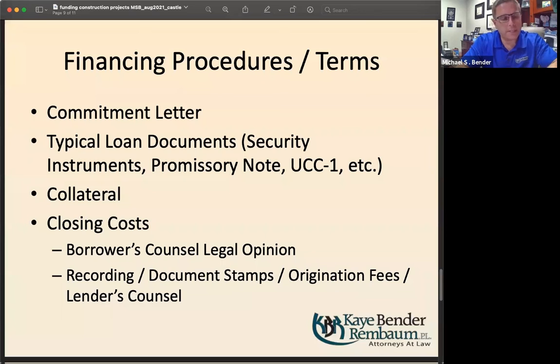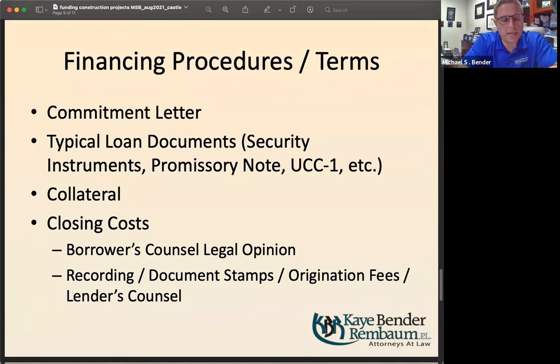The closing costs: you're going to be responsible for paying a commitment fee to the bank, and for bank counsel fees. Know that the bank's counsel is going to have fees for preparing the loan documents. They vary, and in my experience they typically depend on the amount of the loan, but you will have that obligation.